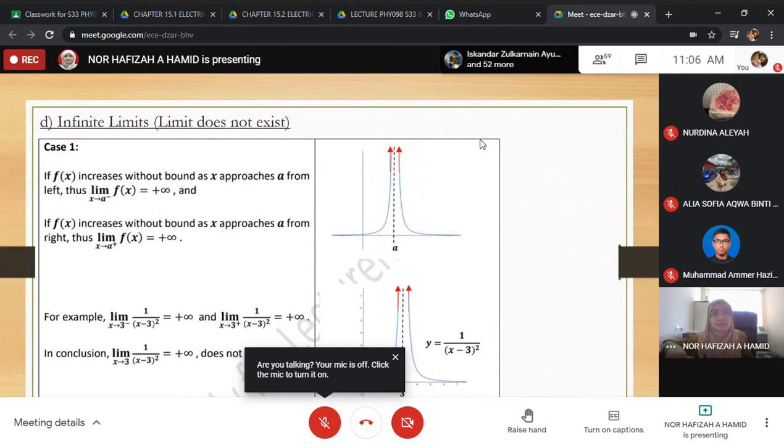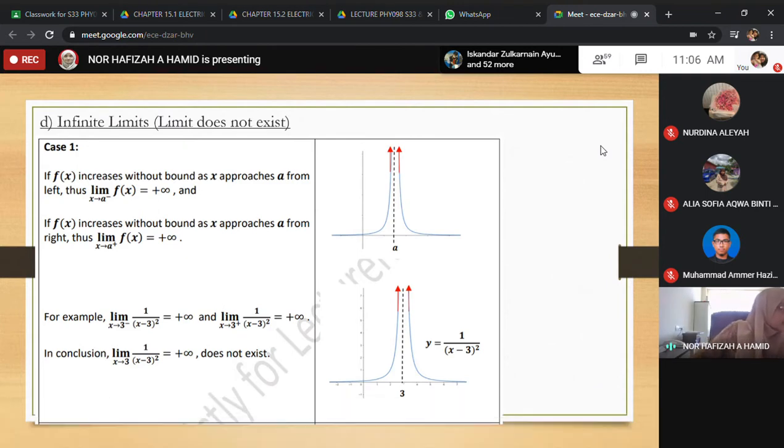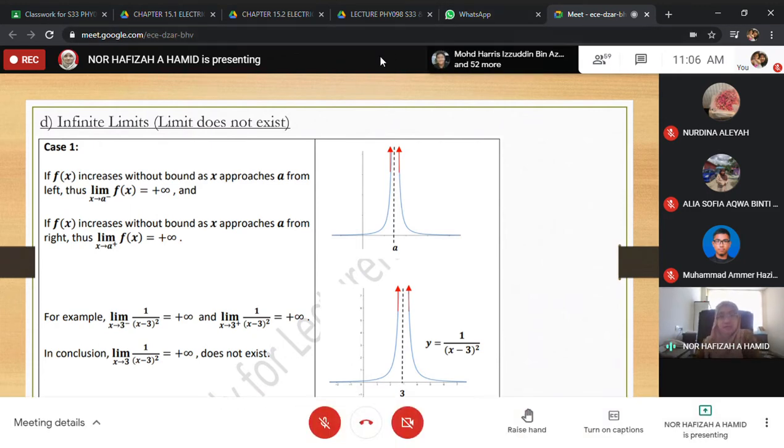Okay, so for D is infinite limit. So for infinite limit, we still consider function in terms of rational function.